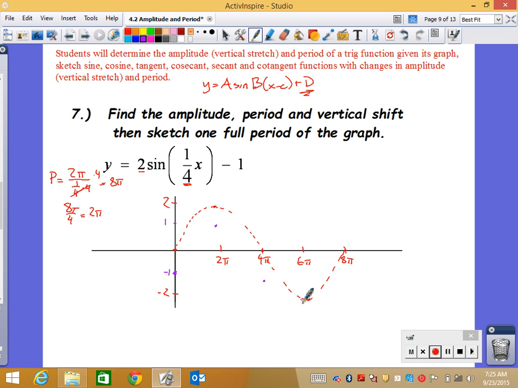This -2 gets moved down to -3. And the 0 value gets moved down to -1. And then we just connect the dots again. So if we want to think about this, the -1 line becomes my quote-unquote new x-axis. So all we do is we take the graph and move it down 1.